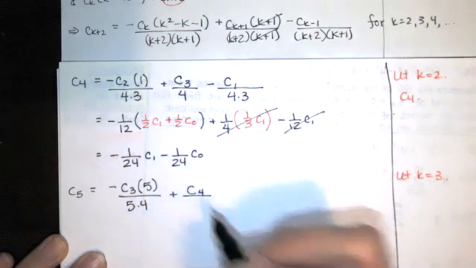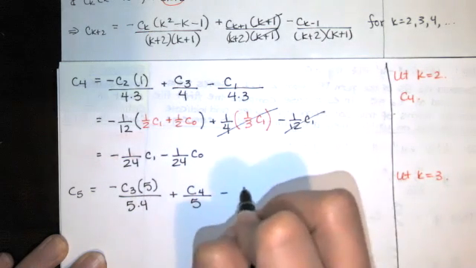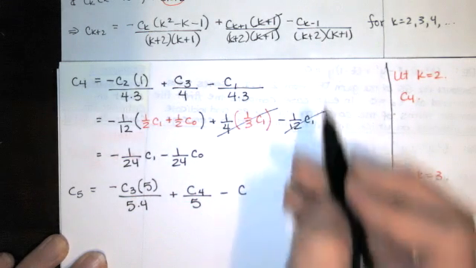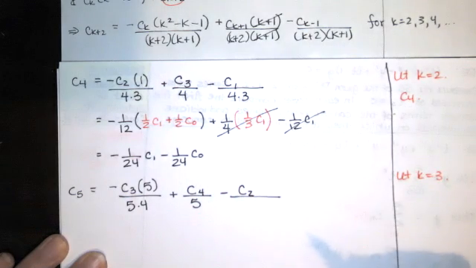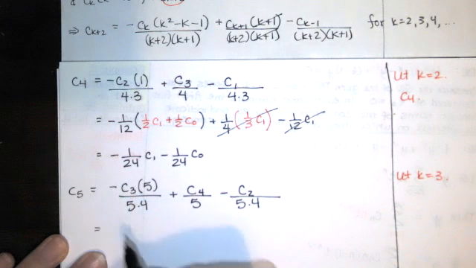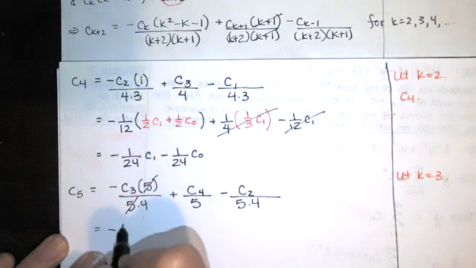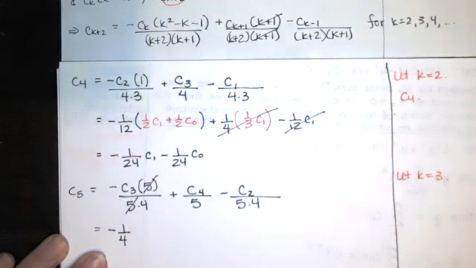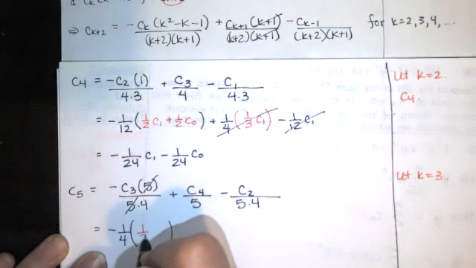So that's c sub 4 over 5 minus, when k is equal to 3, c sub 2 over 5 times 4. The 5's reduce here, and you have a negative 1/4 of c sub 3. And c sub 3 happened to be 1/3 of c sub 1.